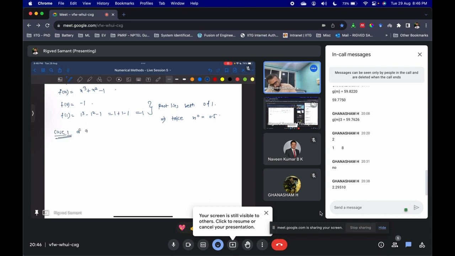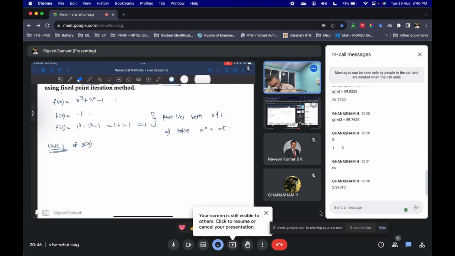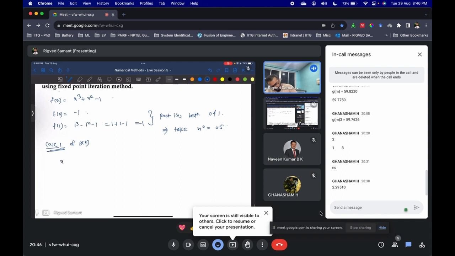of g of x. So g of x can be written as, so we have x cube plus x square minus 1 is equal to 0, right?